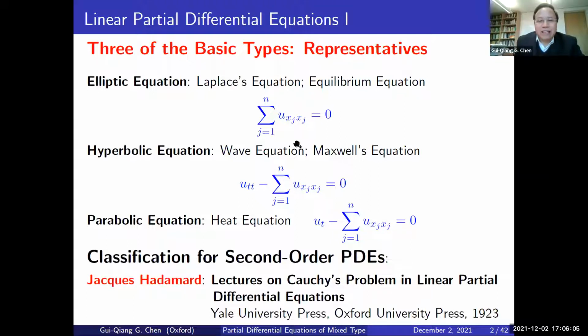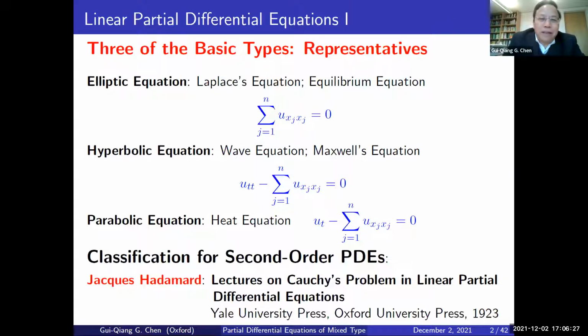On the other hand, the behavior of solutions is very different between the elliptic and parabolic equations and the hyperbolic equation. One is the propagation speed: infinite versus finite.